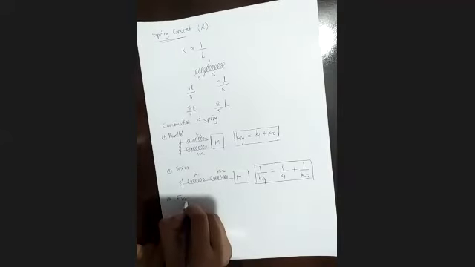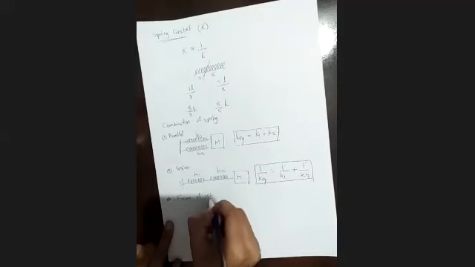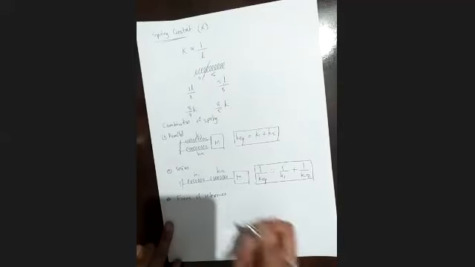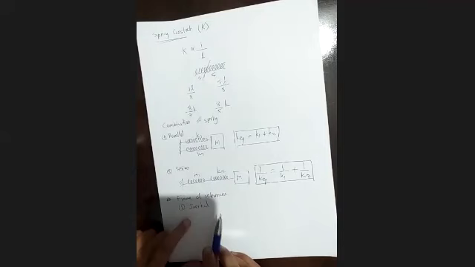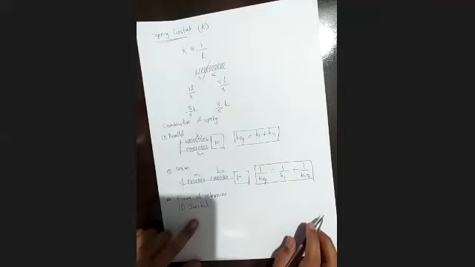we will see frames of reference. Frames of reference are divided into two parts, that are inertial and non-inertial frames of reference. First is the inertial frame of reference. In this, the observer is at rest or moving with a constant velocity.